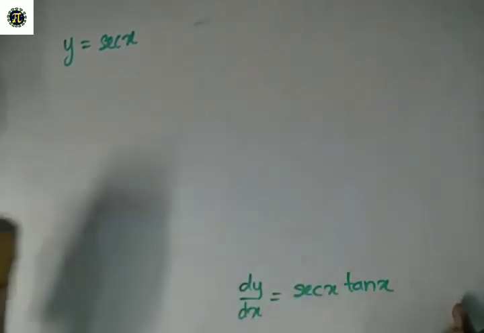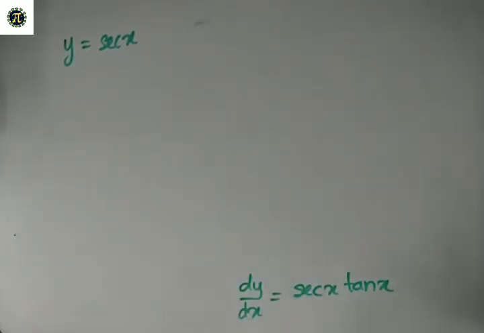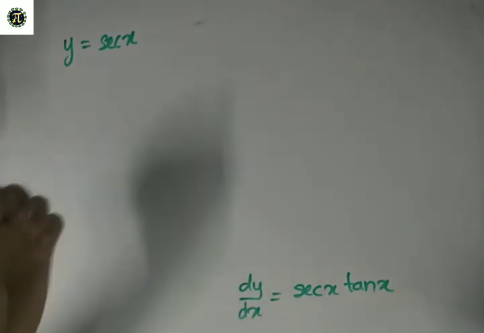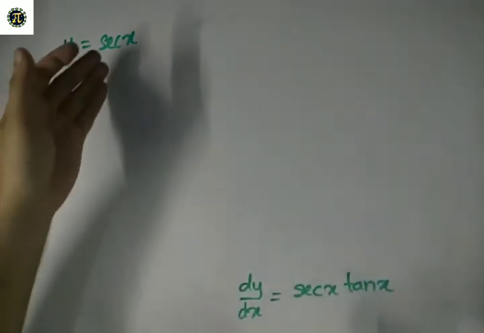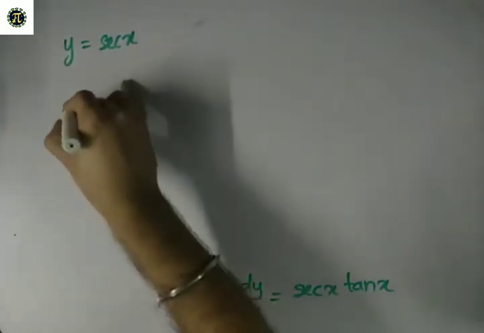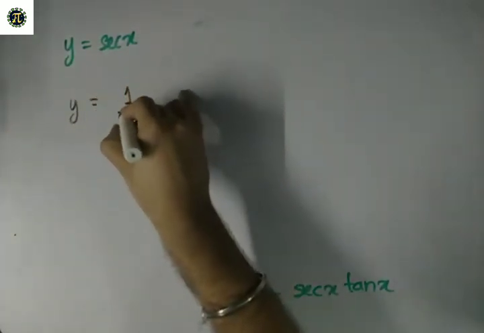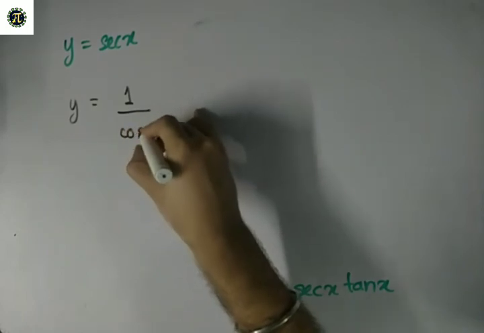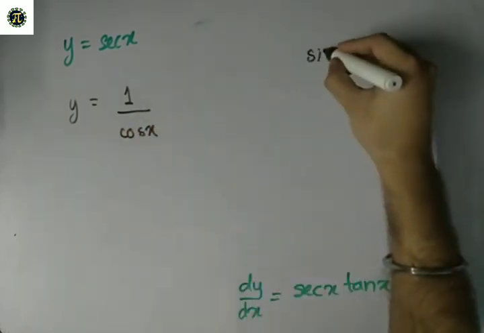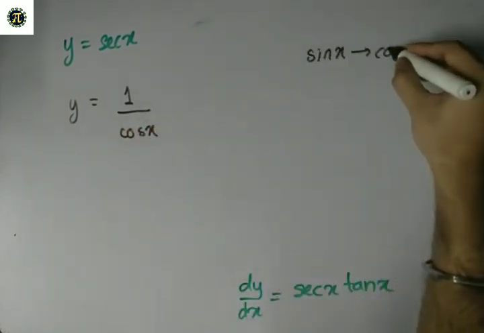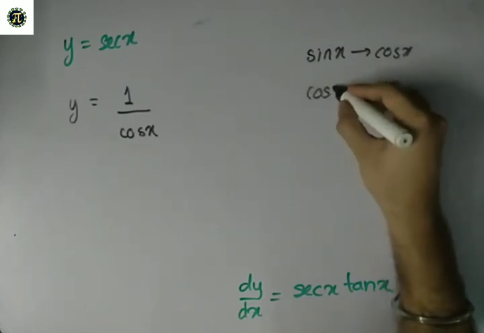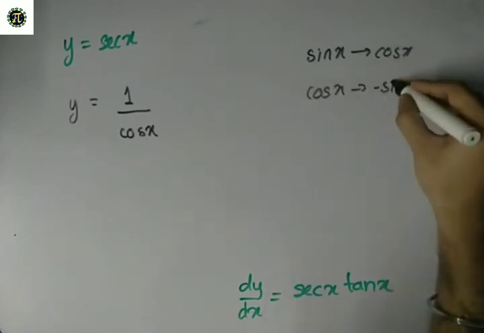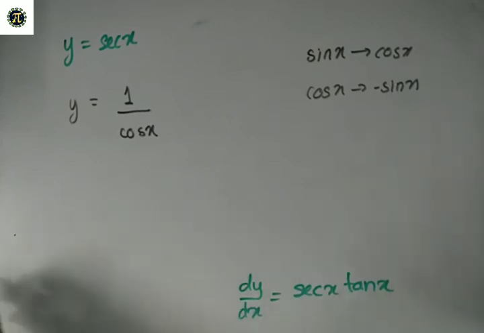And for this also, we will be using just the basic quotient rule. So you will say this is not division of any two functions. I'll say yes, there is a function, 1 by cos x, right? And I'm assuming I know sin x's differentiation is cos x, and cos x's differentiation I know is minus sin x. So let's use this and find this result.